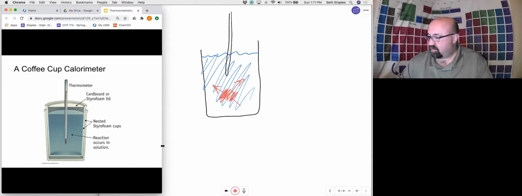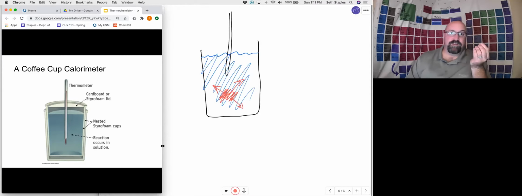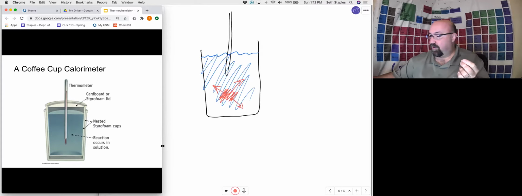Say it's exothermic, it's going to release energy. Now we don't know how much energy is released directly, but what we can do is measure the effect that that energy release has on the contents of the calorimeter, the effect that it has on the water. Now we do have a way to measure the energy gained by the water, right?